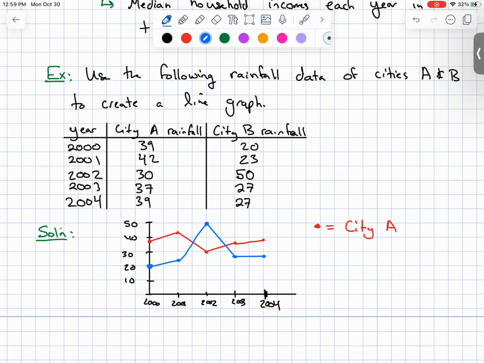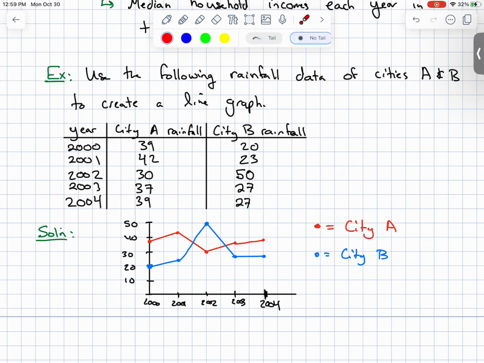And then, of course, as I said, we can ask plenty of questions. I just want to move on from this section, though. We need to get caught up. But you could ask, what was the difference in rainfall between city A and city B, which I need to still label city B. In the year 2002, when was the highest amount of rainfall, which would be 2002 for city B. On average, who had more rainfall, you could look at it, and so on and so forth.